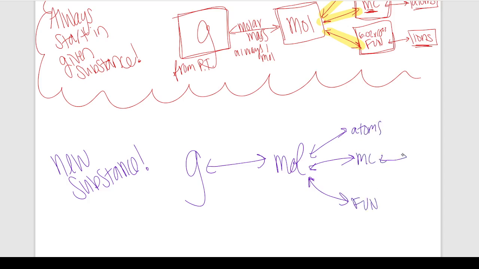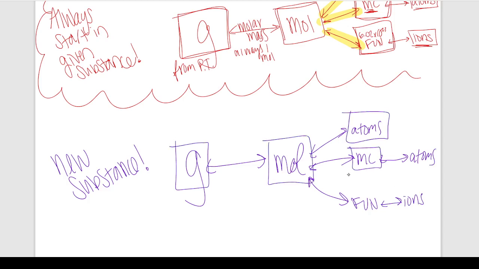And then same thing there, your molecules can break down into atoms, and your formula units can break down into ions. All of these are the same. It just depends on what the question is asking you for, where you're going to end up. But I always draw it twice, that way you can see where you're supposed to end up going.